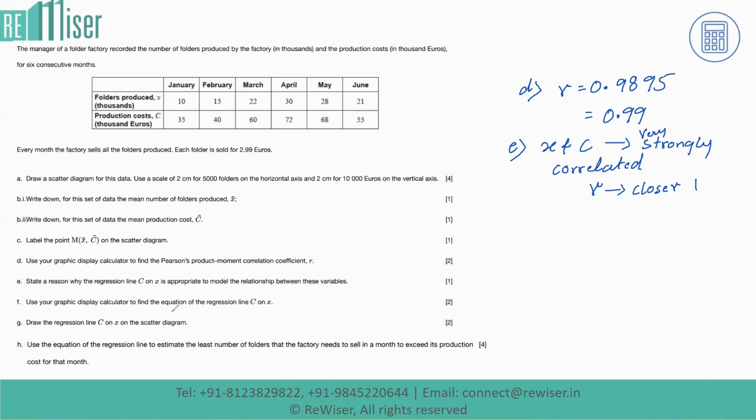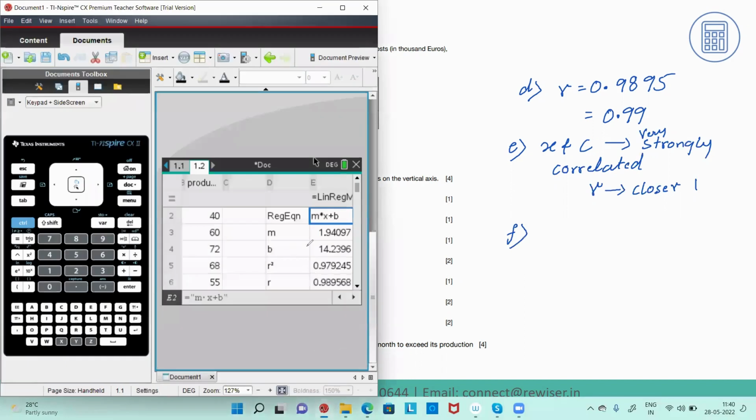Now use your graphic calculator to find the equation of the regression line of C on X. We have already used our calculator, and the equation of the regression line is always in the form y equals mx plus c, but here in place of y we have this cost C, and in place of x we have x itself, which is the number of folders.